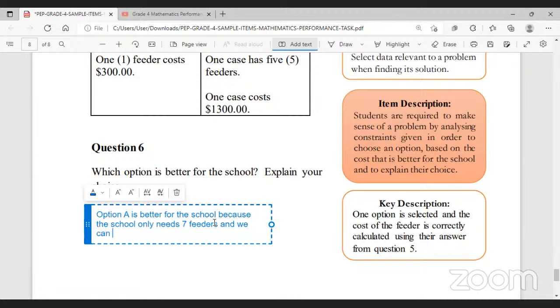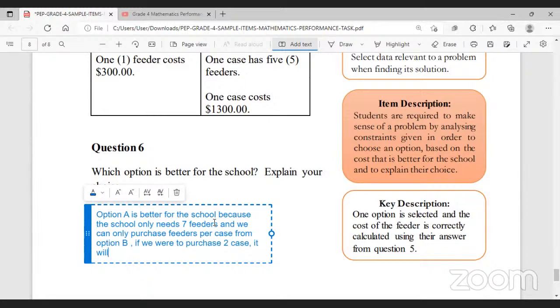And we can only purchase feeders per case from option B. If we were to purchase 2 cases, it will give us 10 feeders.